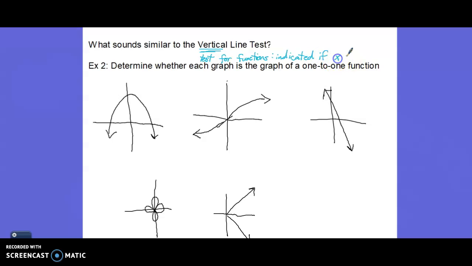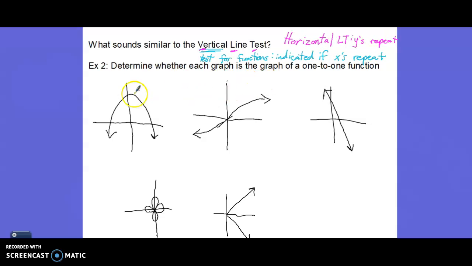If we want a similar test, we want a test for if y's repeat. I hope it makes sense that you're going to do what's called the horizontal line test. And I'm okay if you shorten these to VLT and HLT. I did not give myself enough room.